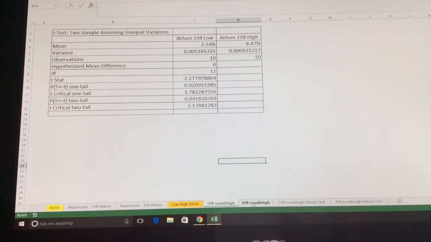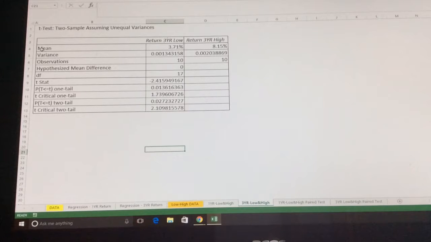Now let's take a look at the 3-year, on the t-test for two samples assuming unequal variances. The funds that had the 10 lowest Sharpe ratios, comparing their 3-year returns against the funds that had the 10 highest Sharpe ratios.